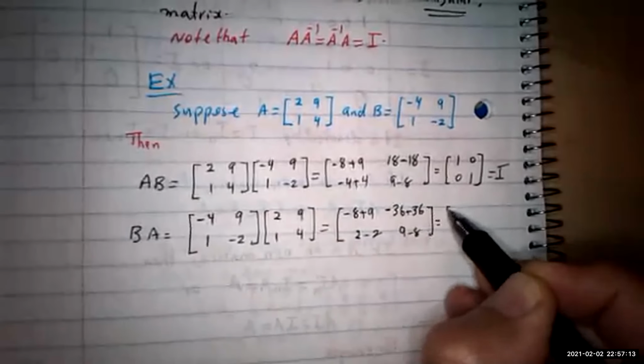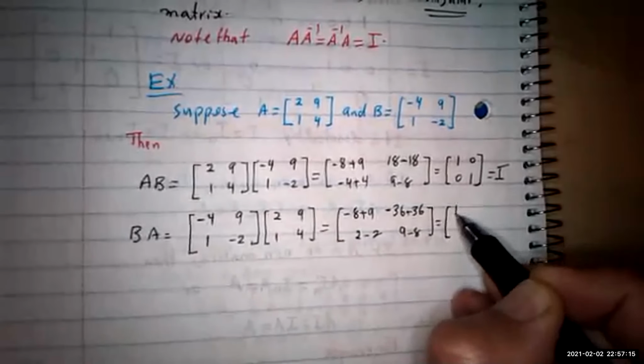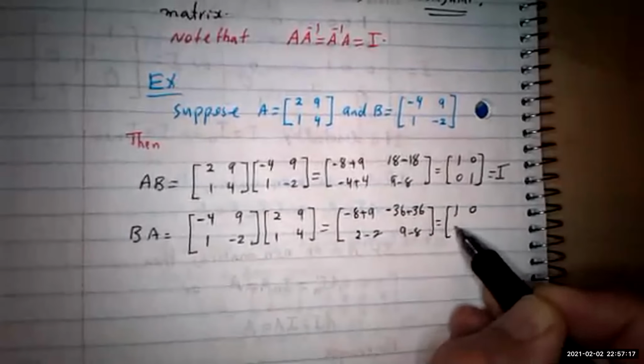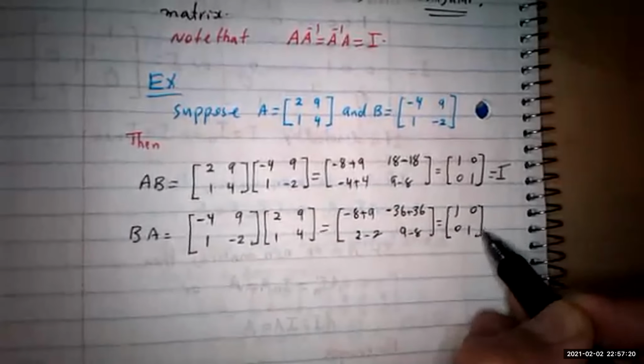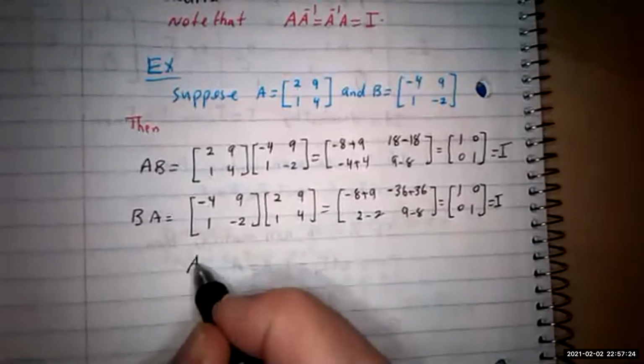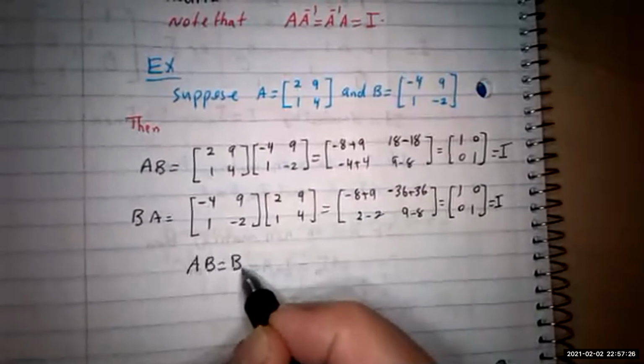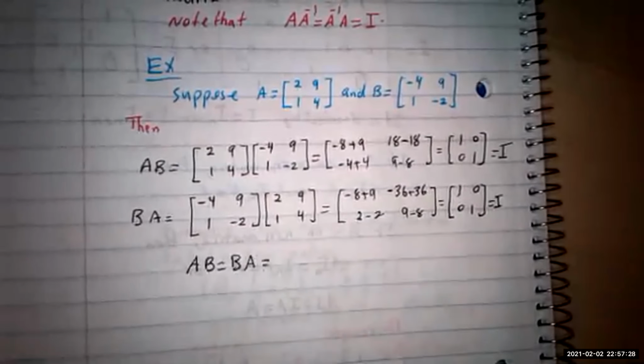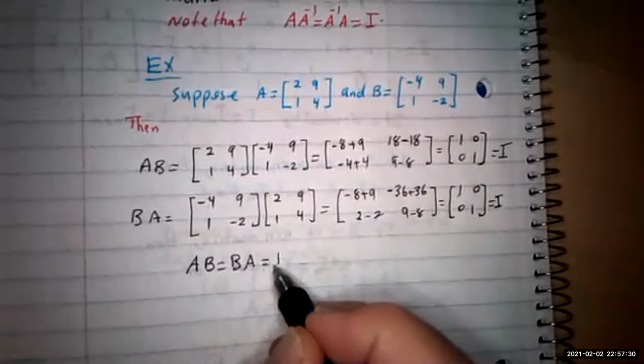So the conclusion, again, is [1, 0; 0, 1], which is I. There you are. So we have AB equal to BA equal to I.